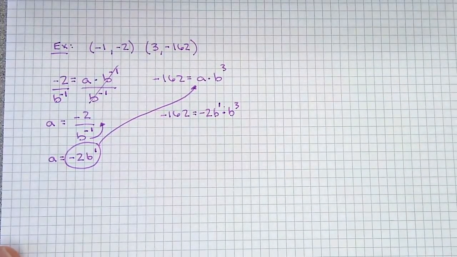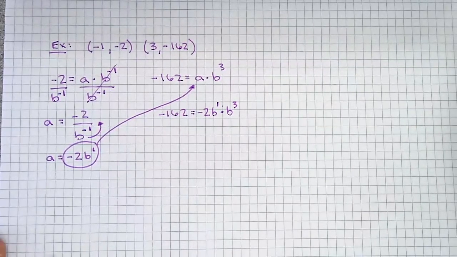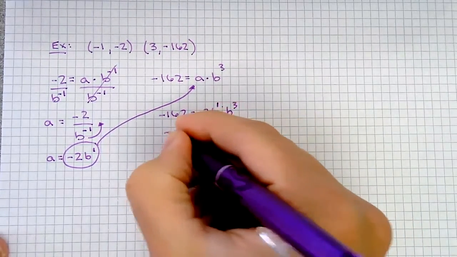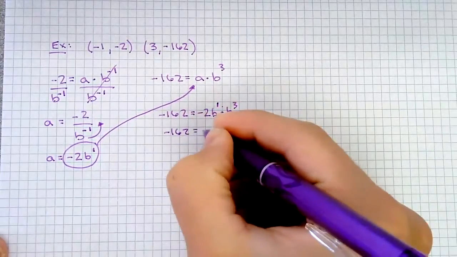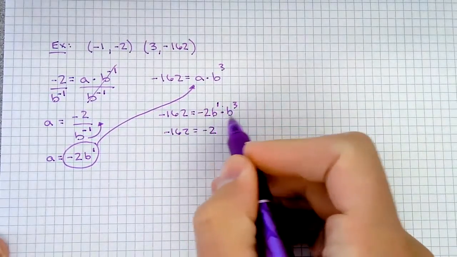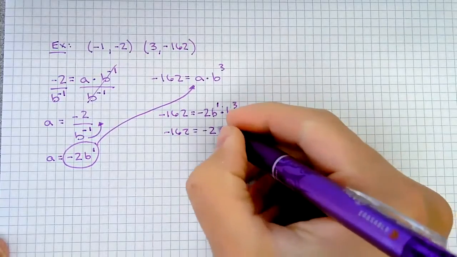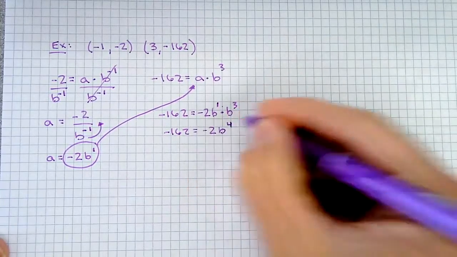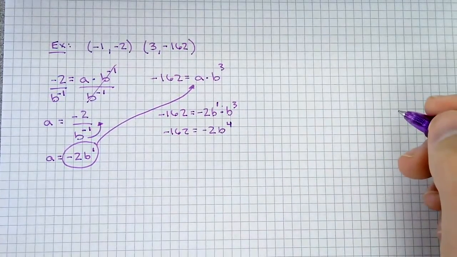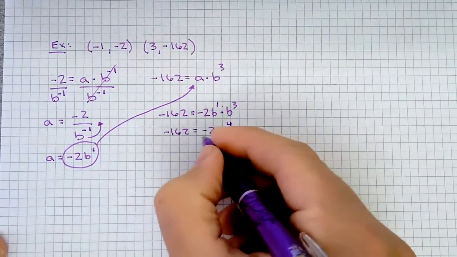You don't really have to. So now negative 162 equals negative 2. Remember, if we have two exponents like this and we're multiplying them, we add the exponents. So this becomes negative 2 times b to the fourth.